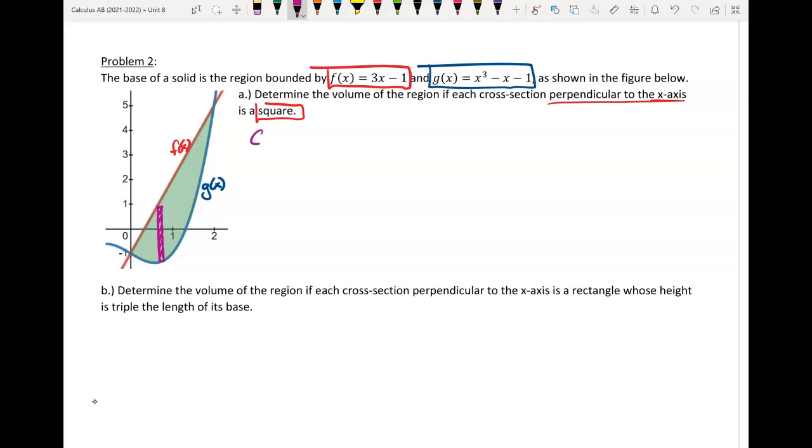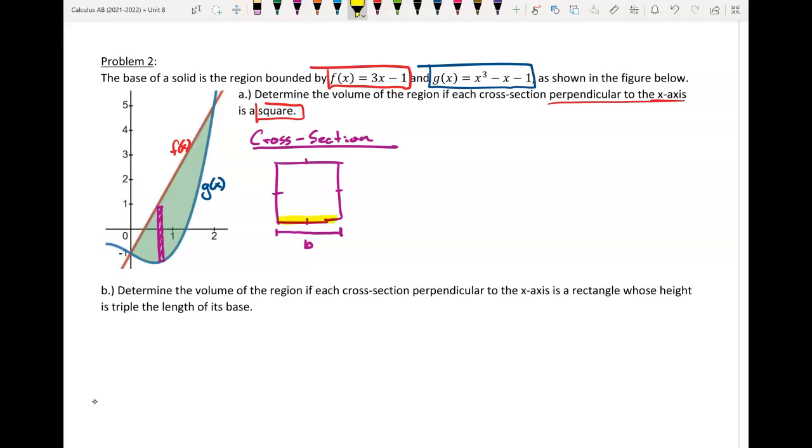Well, if I look at my cross-sections, that is a square. So I'll go ahead and draw out my square here. I know that all my sides are congruent. And I have the length here, call it b for my base.